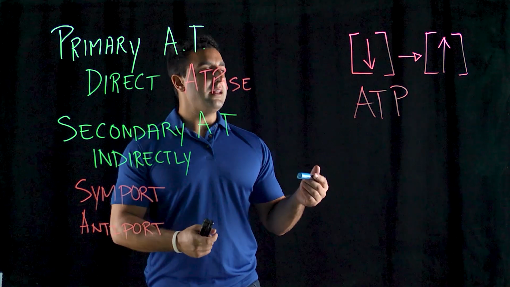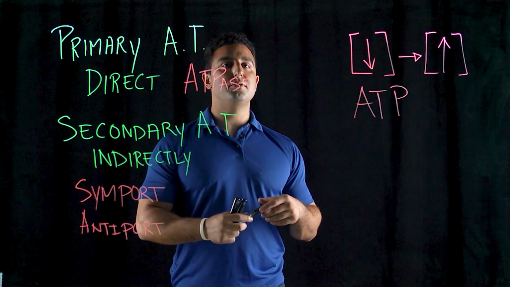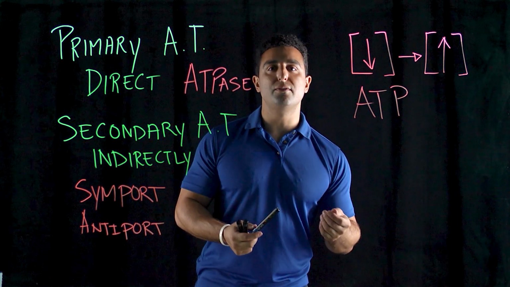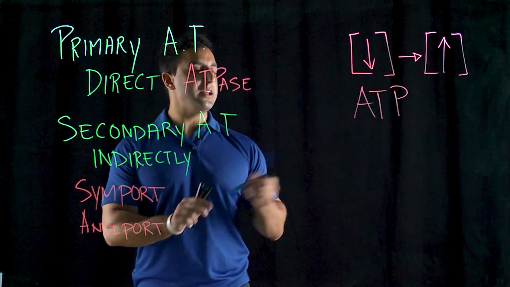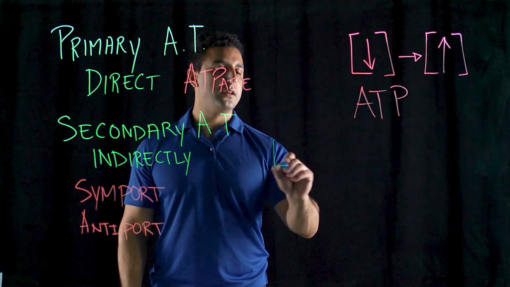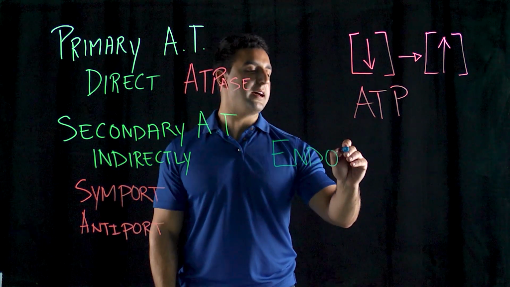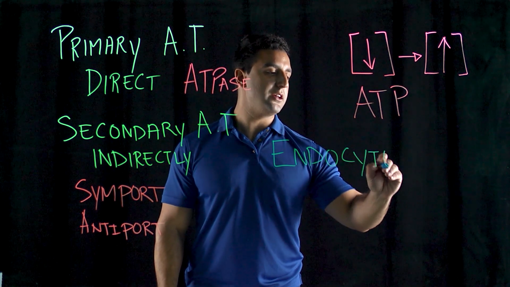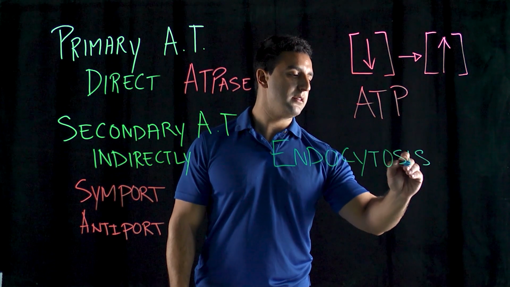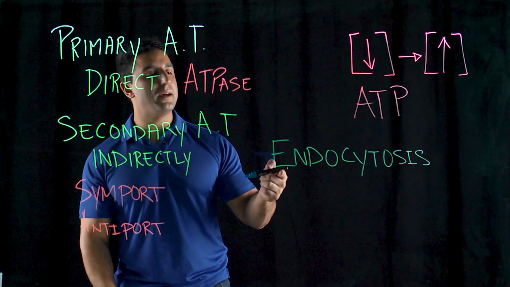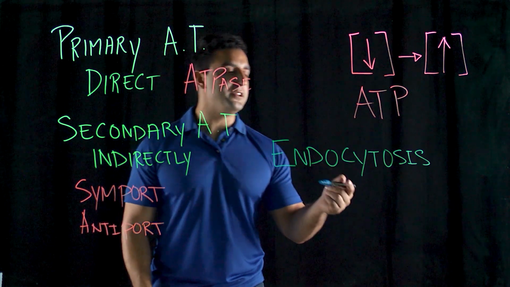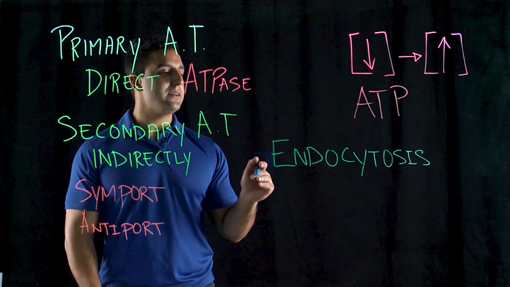All right? And then the last type of transport are the forms of cytosis. There's endocytosis and exocytosis. When we look at endo, what does endo mean? Endo means coming inside. So this is cells taking in microvesicles from the outside. Phagocytes or macrophages are a perfect example of the process of endocytosis.